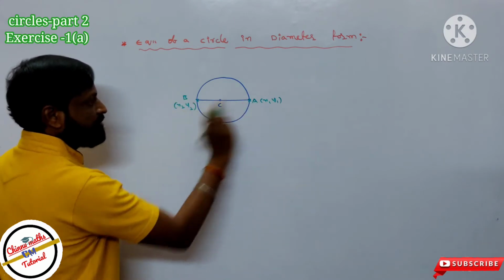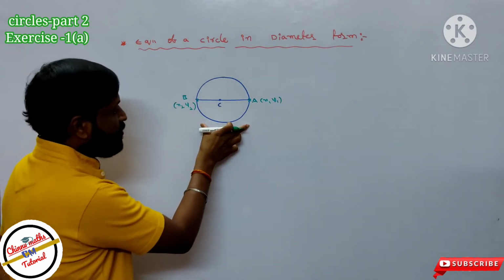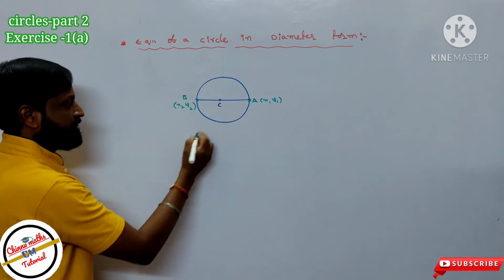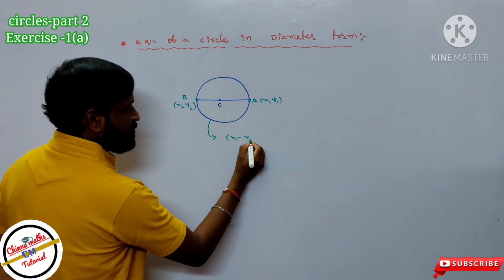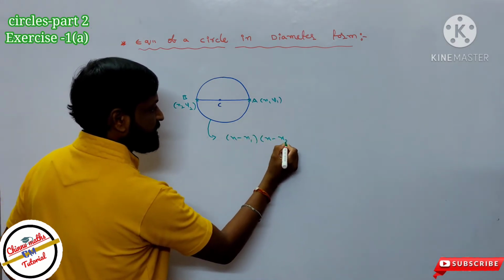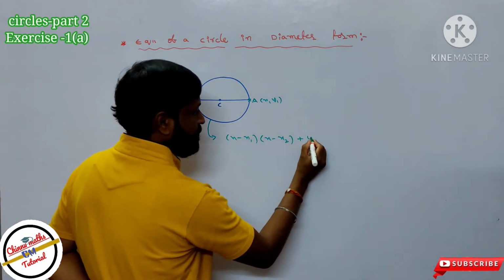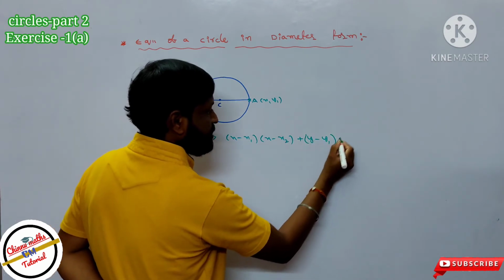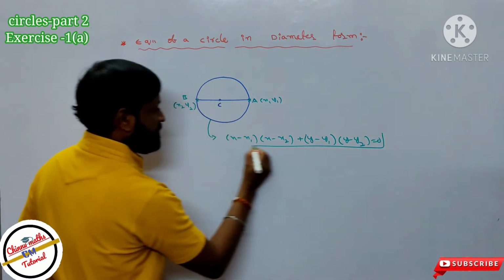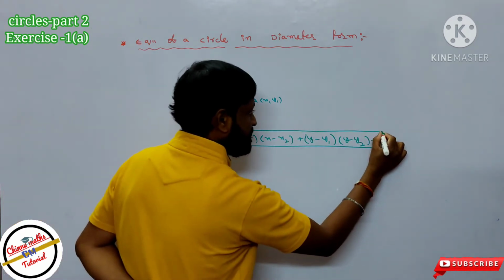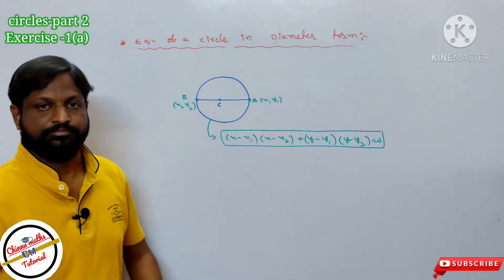These are the end points of the diameter. Given the end points of the diameter, you can write the equation of the circle. This circle equation is (x minus x1)(x minus x2) plus (y minus y1)(y minus y2) equal to 0. This is the equation of a circle in diameter form.